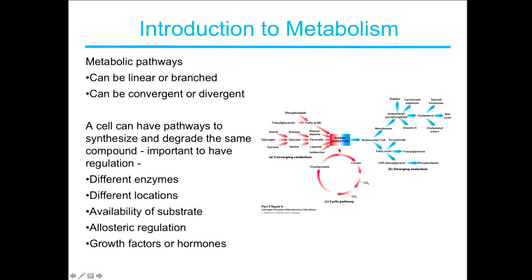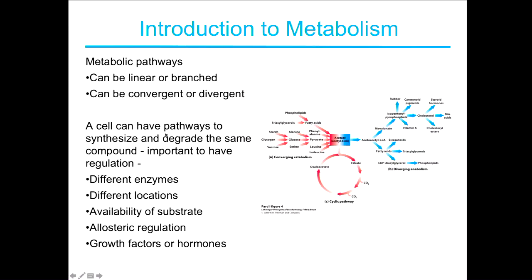You can take a compound, feed it into a pathway, things happen, and you come around and one of the substrates is recreated and feeds back into the pathway again. So there's all kinds of different pathways, and we can eat lots of different things to get the precursors and the energy that we need. And from a bunch of relatively simple molecules, we can make all kinds of different things in these divergent pathways.